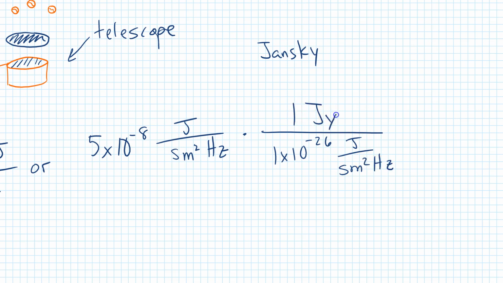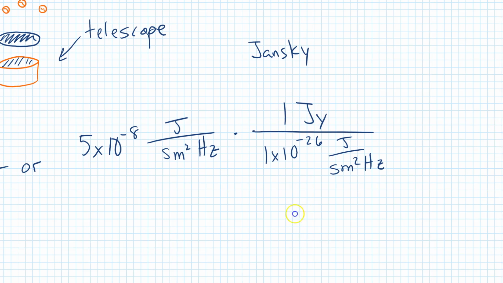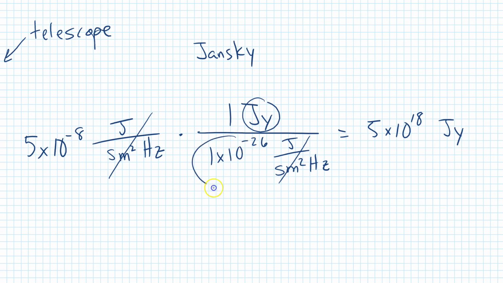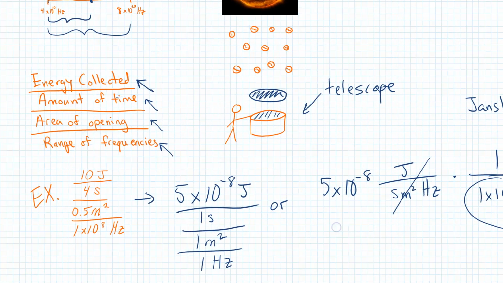So if I do the math here, I get 5 times 10 to the 18th, and my units cancel out, and I'm left with this. So 5 times 10 to the 18th Janskys. So this is what a Jansky is, and this is what flux density is.